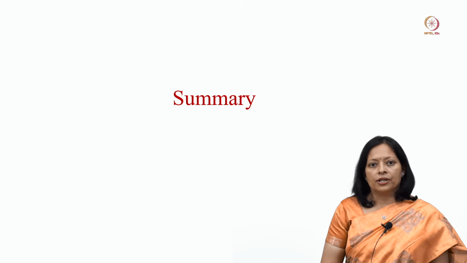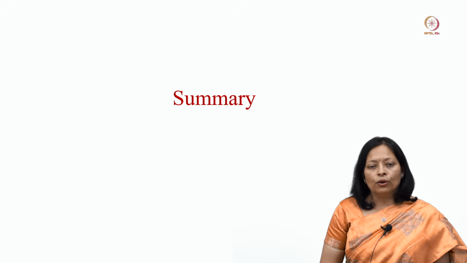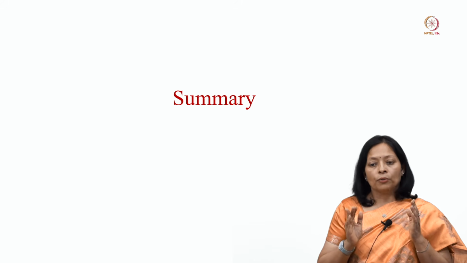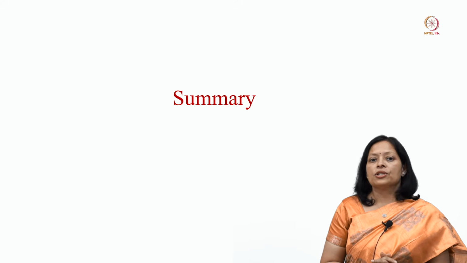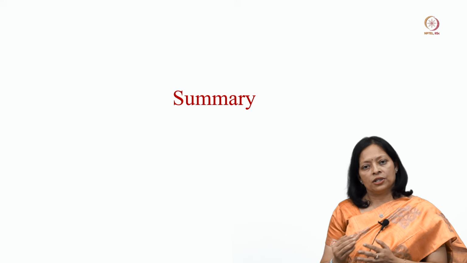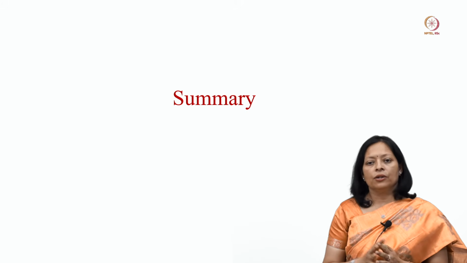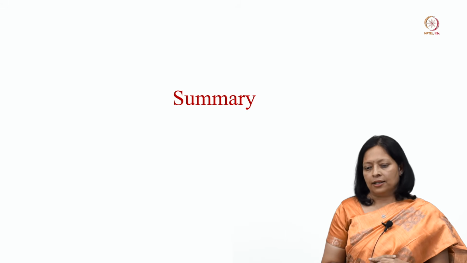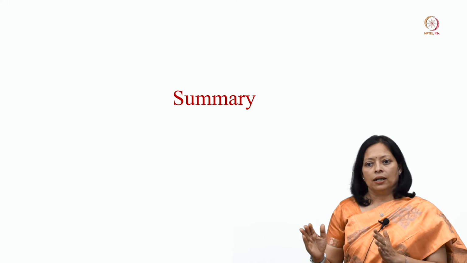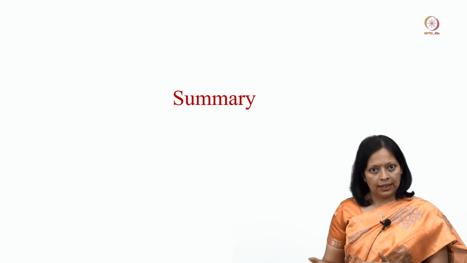Let us quickly summarize what we have seen. YOLO is an object detection model, very heavily used for object detection tasks. We have seen the architecture, which consists of 24 convolution layers and 2 fully connected layers.